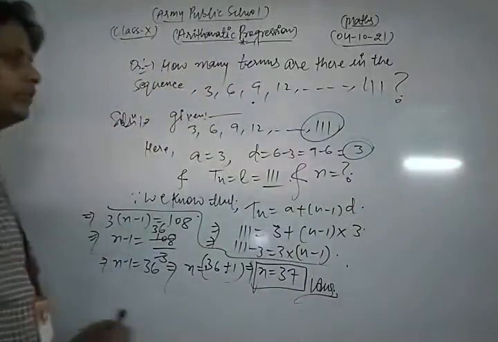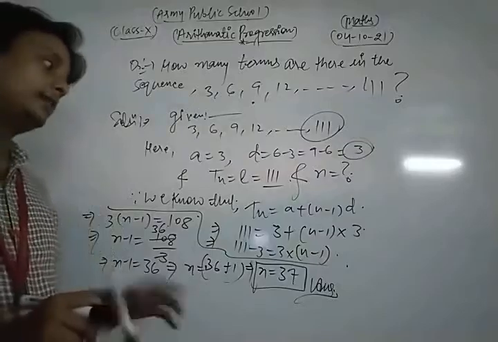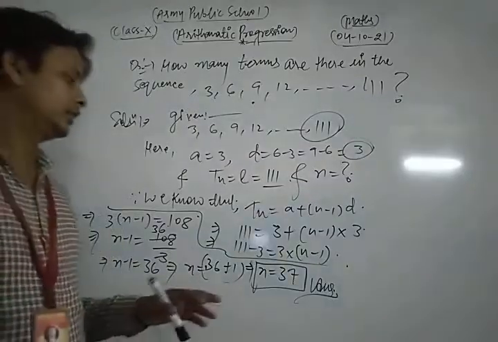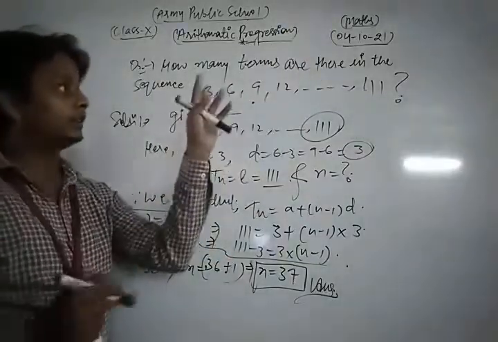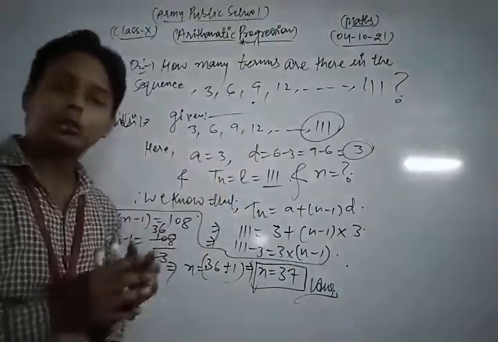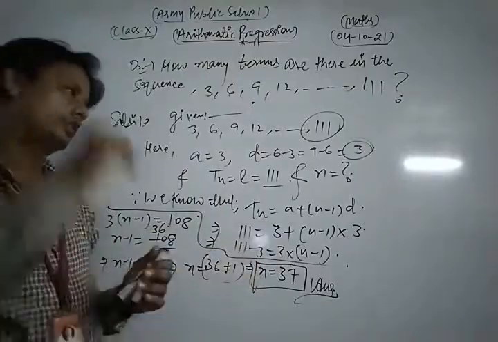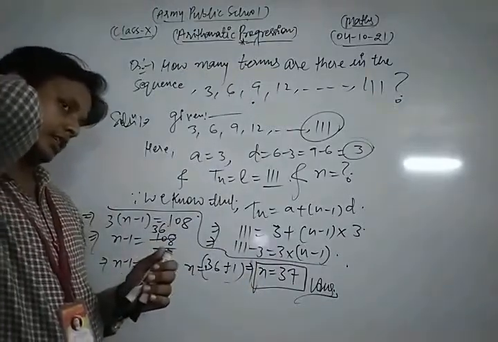In this way, the value of n means the 37th term of the given AP. This AP contains 37 terms. So in this way, dear student, you can solve each and every question of your NCERT exercise based on these topics.